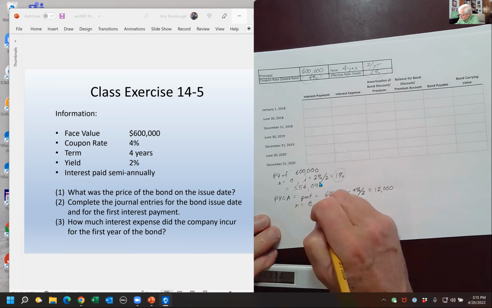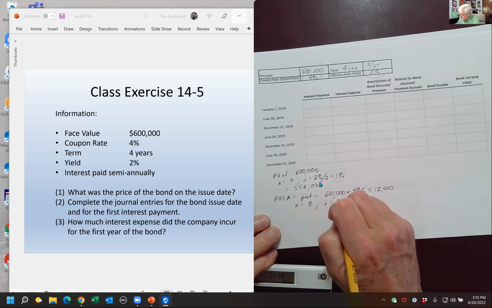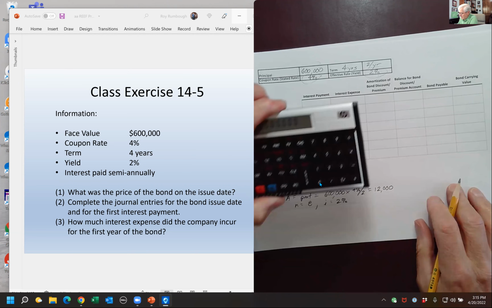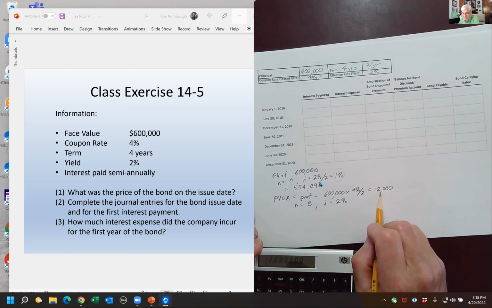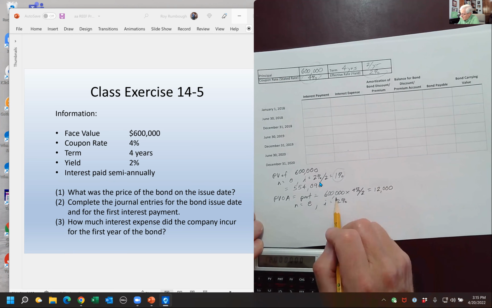N equal 8, I equals 1%. Let's go do the math. So we've got 8 payments of $12,000 discounted back at 1%.